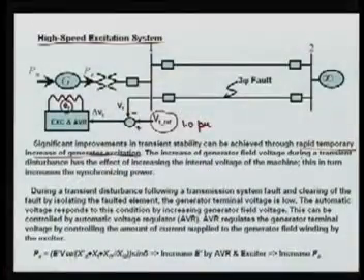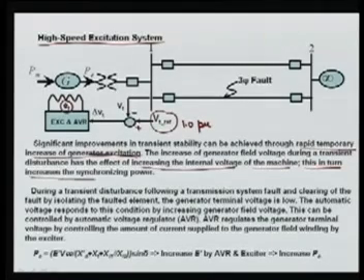And once you can increase the PM, you will have a more stable system. So the increase of the generator field voltage during the transient disturbance has the effect of increasing the internal voltage of the machine, and thus in turn increases the synchronizing power. So it will increase the synchronizing power, and therefore your system will be more stable.